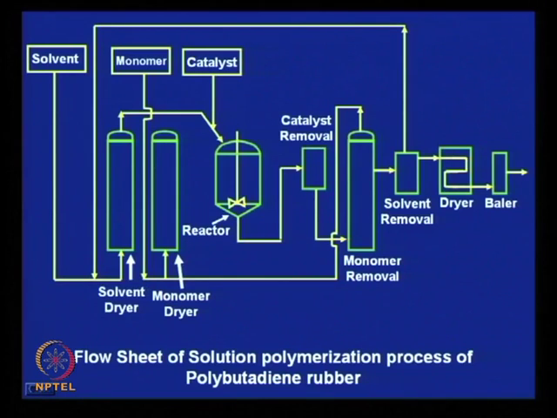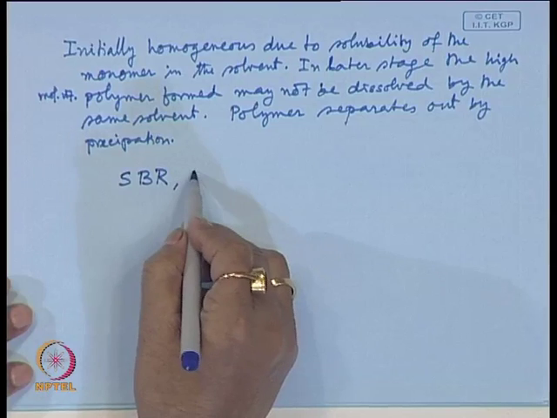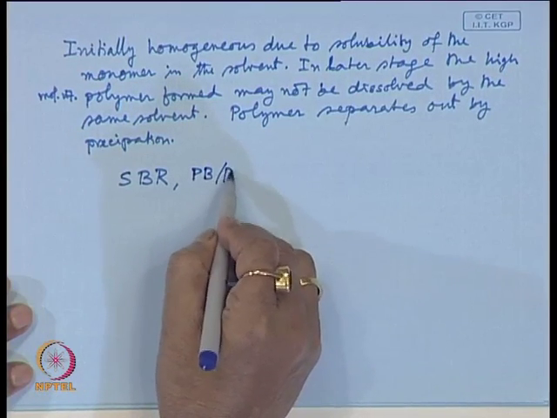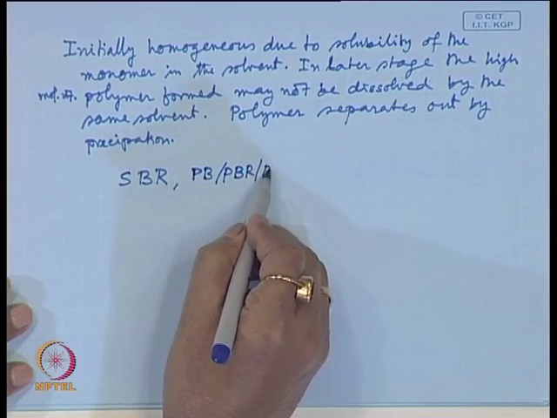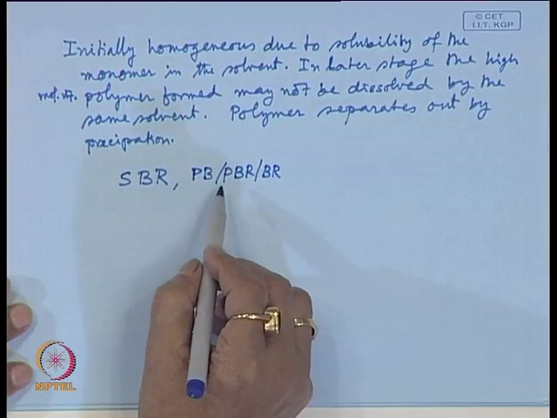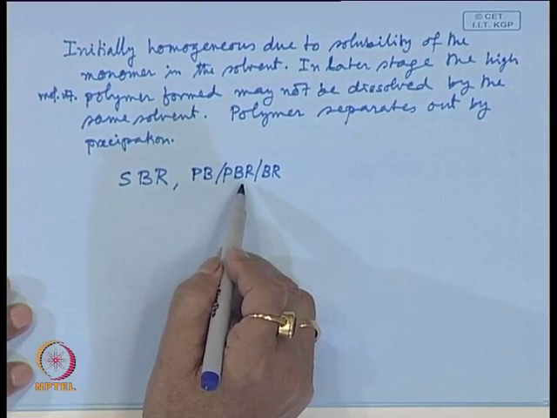Here you look at the flow sheet of solution polymerization process of say polybutadiene rubber. Now, this SBR, styrene butadiene, polybutadiene, PB, sometimes PBR or sometimes BR, same. You will find these abbreviations for the same polymer in different books. Either it is called polybutadiene PB or PBR or BR.